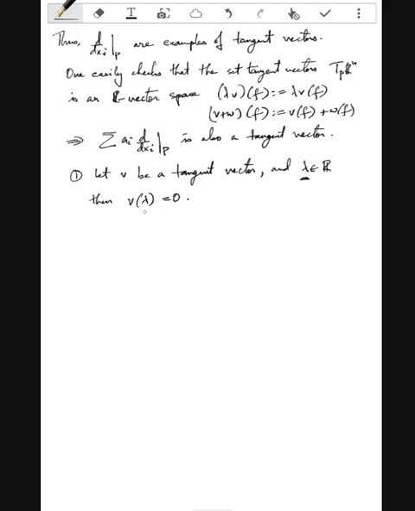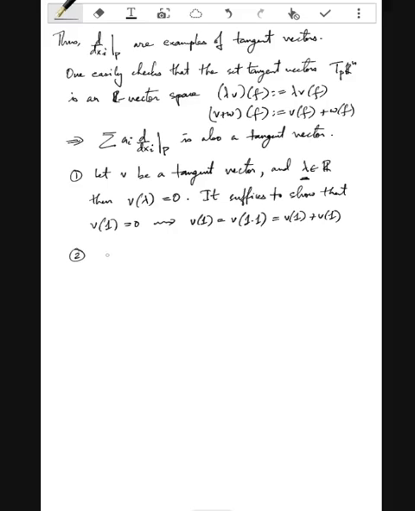So since V is an R linear map, it suffices to show that V of 1 is equal to 0. But this is easy since V of 1 is equal to V of 1 dot 1, which is equal to V of 1 plus V of 1. And this implies V of 1 is 0.